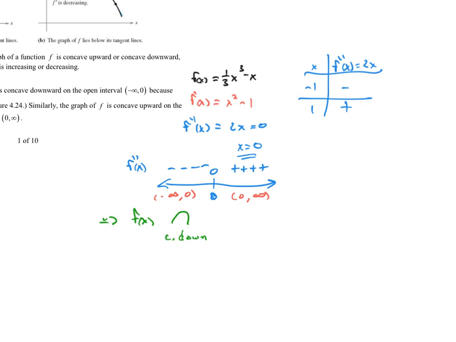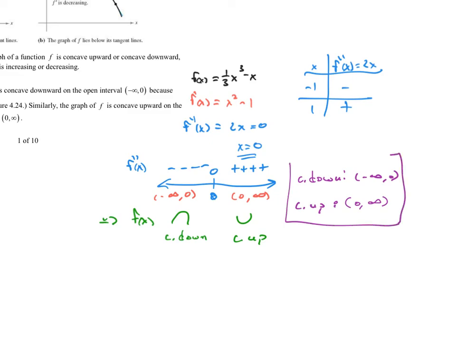And anytime your second derivative is positive, that means it's concave up. So that would have given me my intervals of concave down, the interval from negative infinity to 0, and the interval of concave up, the interval 0 to infinity. So that's how I would have gotten my answer.